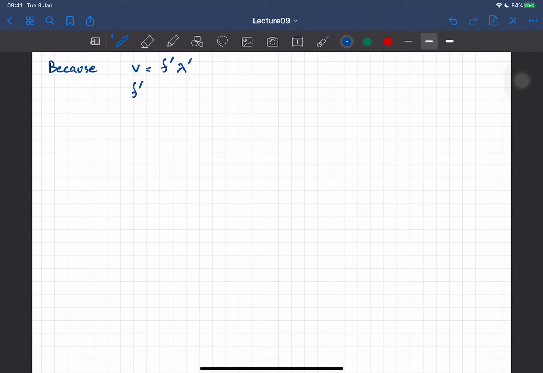So f prime then is simply v divided by lambda prime, like this. Okay, so lambda prime is what we had in the previous page. So I'm going to just copy it here. So lambda prime is lambda minus Vs divided by F0.